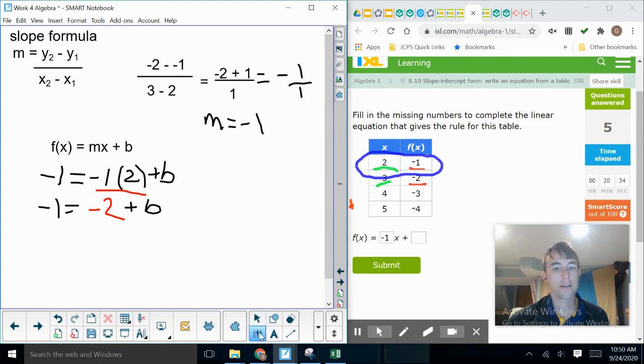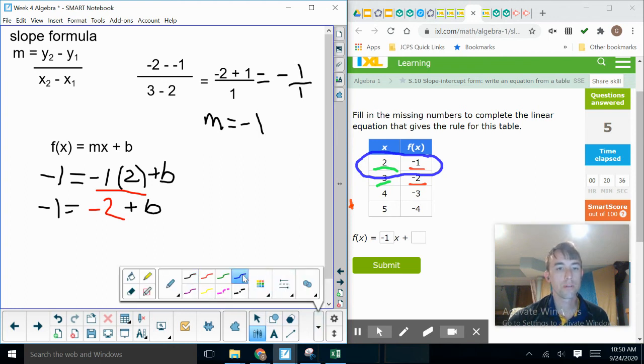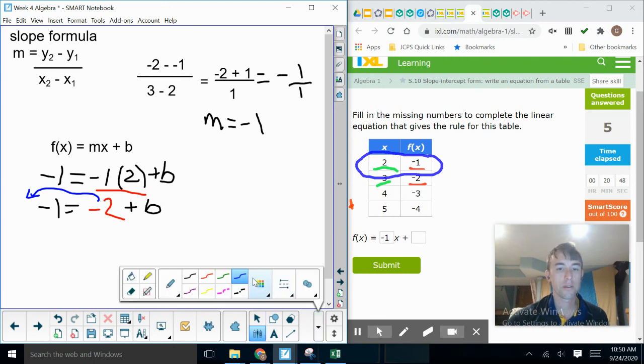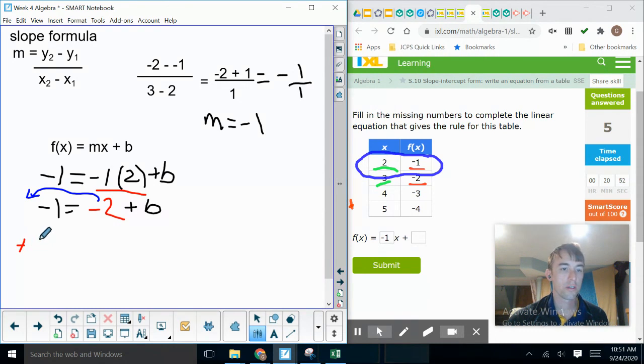Our next step, we want to move the negative 2 to the other side. We do that by changing the sign. So this is negative, it's going to become positive. So negative 2 becomes positive 2 minus 1 equals, so we move the negative 2, equals the positive b or just plus b.